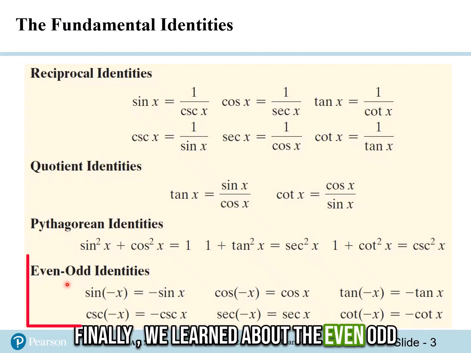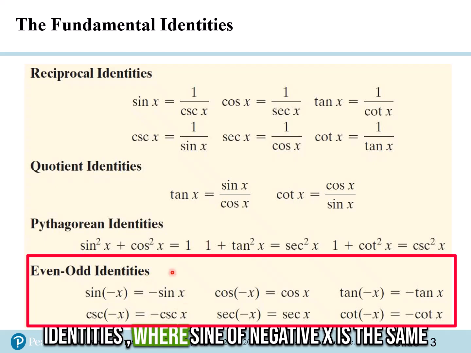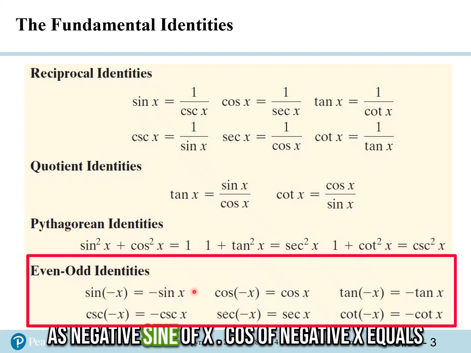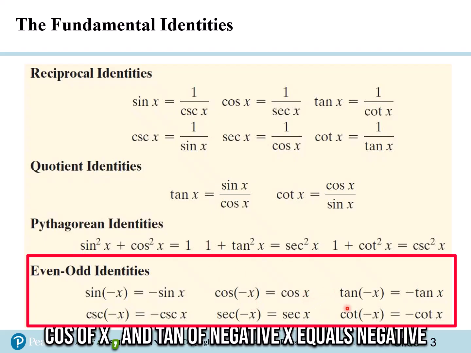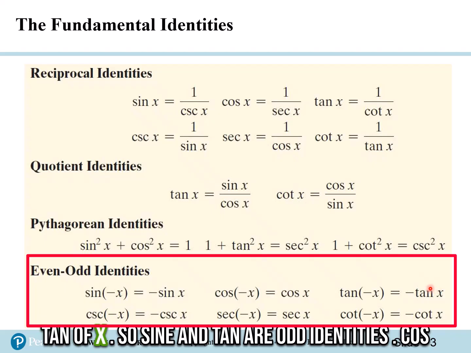Finally, we learnt about the even odd identities, where sine of negative x is the same as negative sine of x, cos of negative x equals cos of x, and tan of negative x equals negative tan of x. So sine and tan are odd functions.